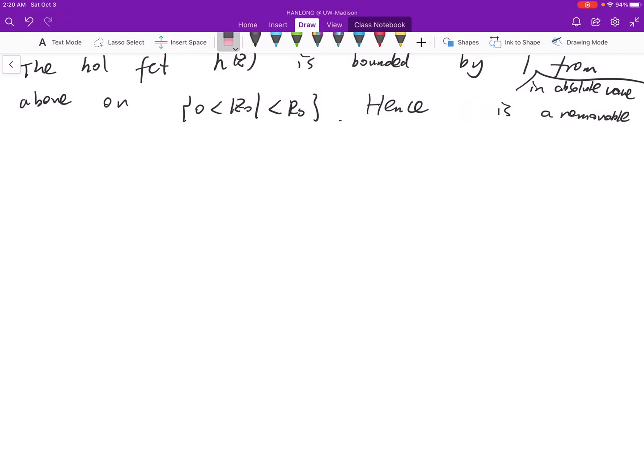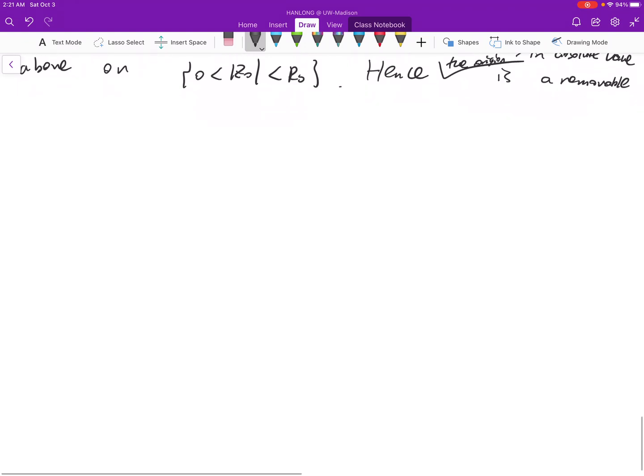Hence the point a, the origin, is a removable singularity of the holomorphic function h.